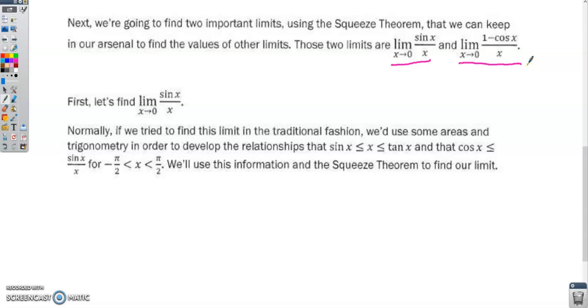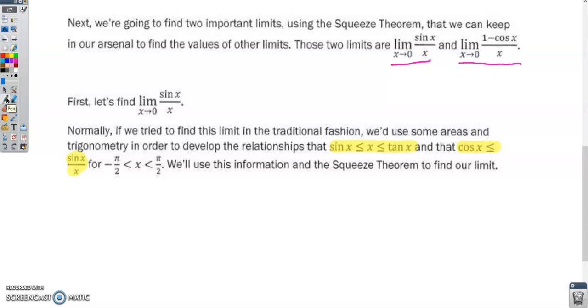But basically, we would be developing these two relationships that you see here, that sine of x is less than or equal to x is less than or equal to tangent of x, and that cosine of x is less than or equal to sine of x over x, for all the x values between negative pi over 2 and pi over 2. Okay?